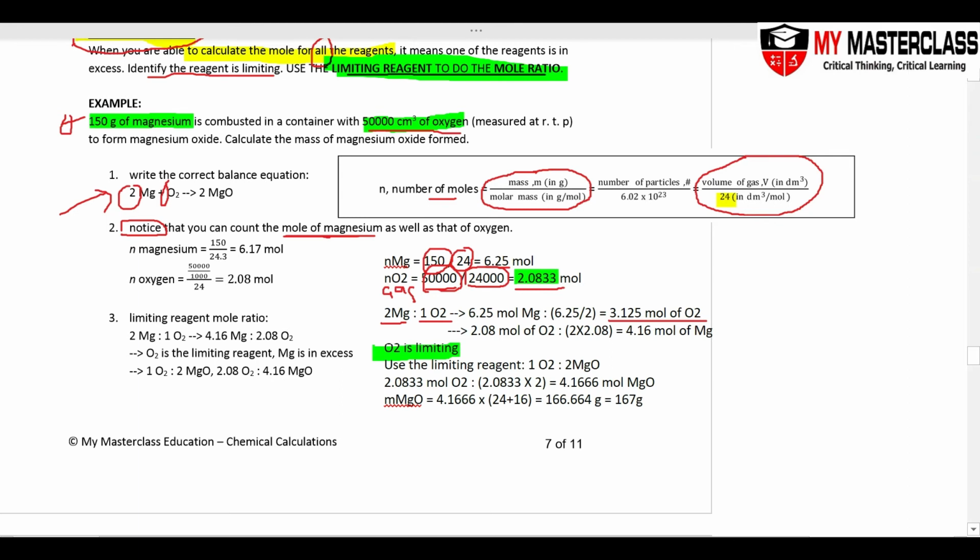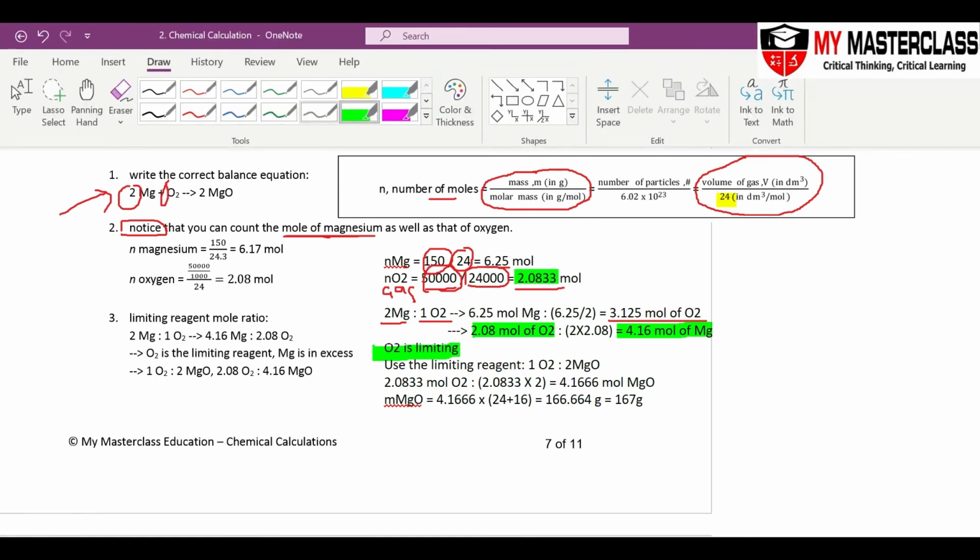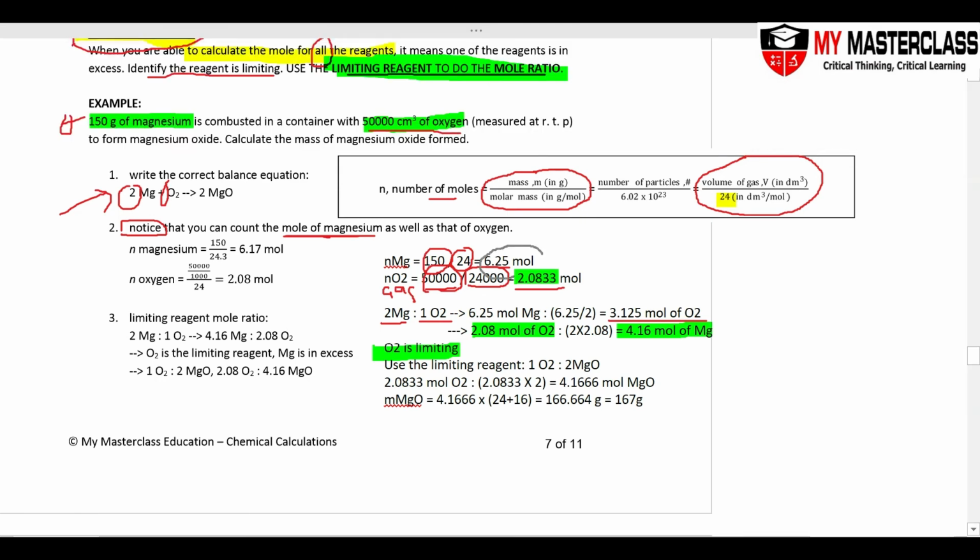Another way to see it: if I have 2.08 moles of oxygen, it should react with 4.16 moles of magnesium. Instead of 4.16 moles, it actually has 6.25 moles based on your calculation just now. So 6.25 is in excess, and O2 is my limiting reagent. Either way, it will help you.